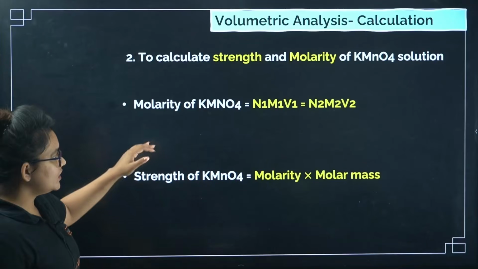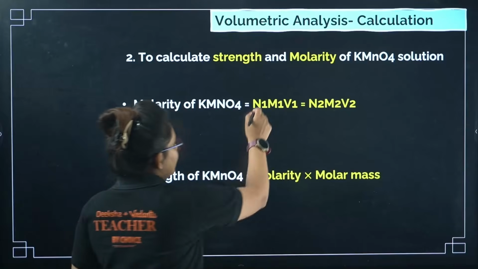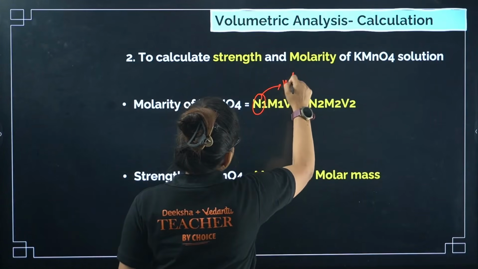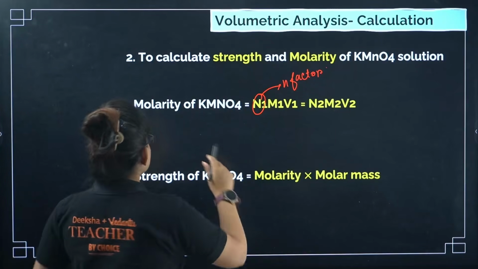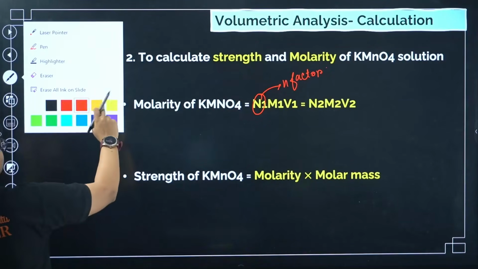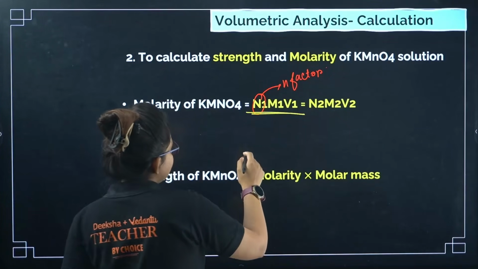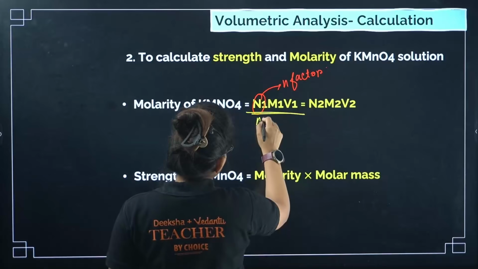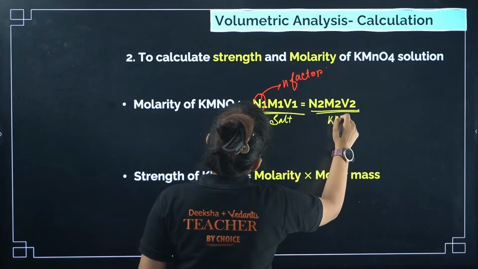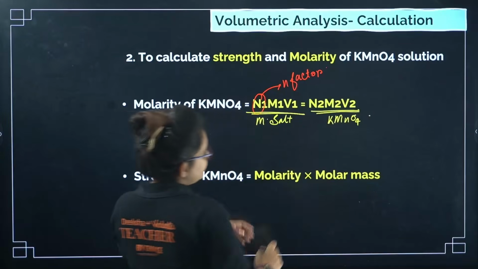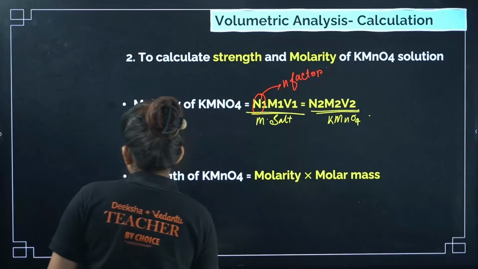Okay, that formula you know, N1 M1 V1 equals N2 M2 V2. This N is called the N factor. Let's say this particular side is known, this side is for Mohr's salt, and this particular side is for KMnO4. So everything you know out of it.